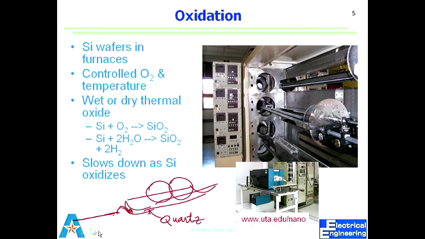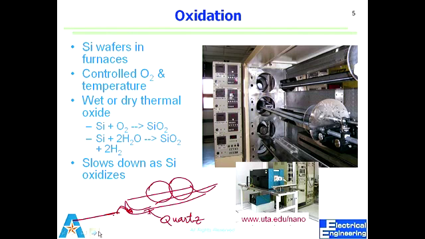So, what do you think? If you have water vapor, should the oxidation be faster or slower? Faster? How do you presume that? Slower?